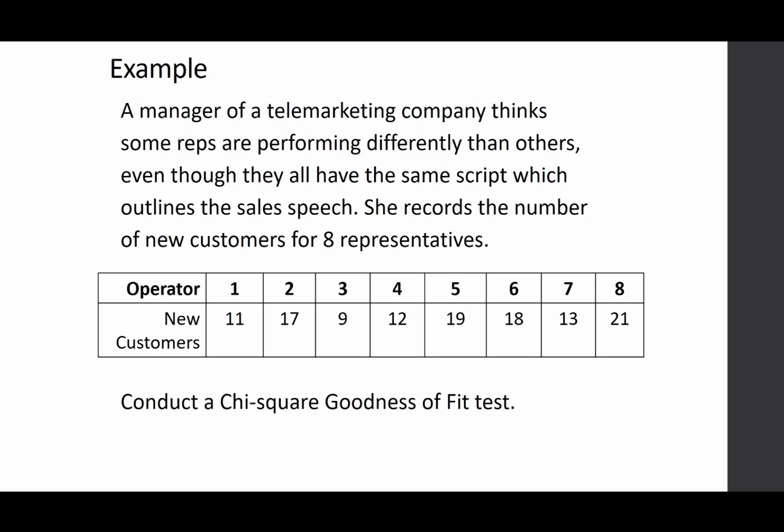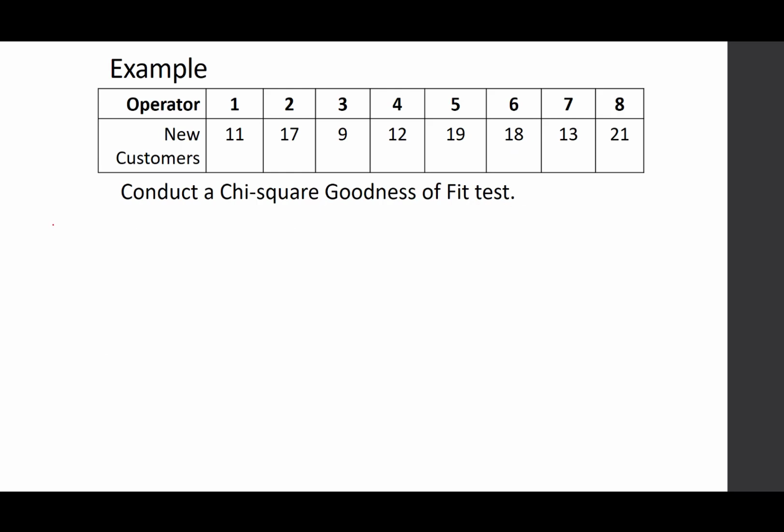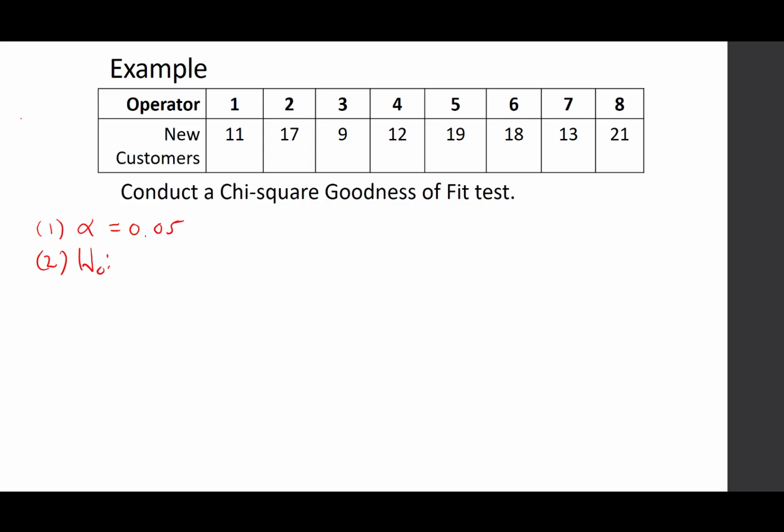All right, so first we've got to figure out what our hypothesis is. Okay, so the alpha level we'll assume is 0.05. The null hypothesis is that the model fits. And what's our model here? That they all perform equally, right? So the manager is going to assume they all perform equally until she finds evidence otherwise.